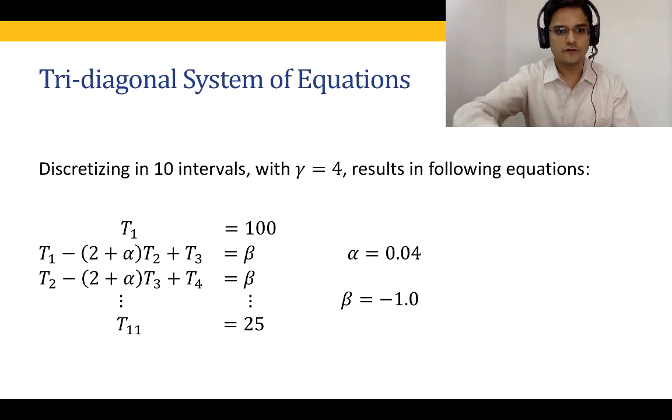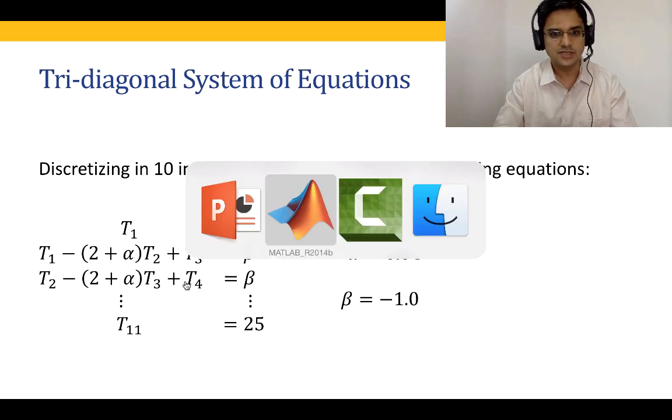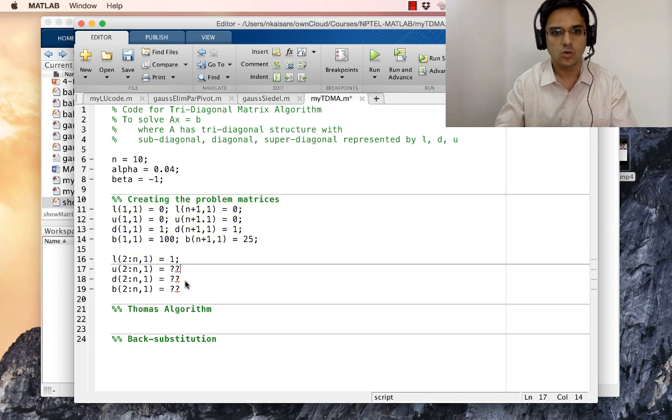So let's see what we need to put in our vector L. Okay, so our vector L, as we had said, was 1 multiplied by t1, that gets L, and 1 multiplied by t3, that is in u. So L2 is going to be equal to 1. L3 is going to be also equal to 1, U2 equal to 1, U3 equal to 1, and so on. So all the middle elements of both L and U matrices are all equal to 1.